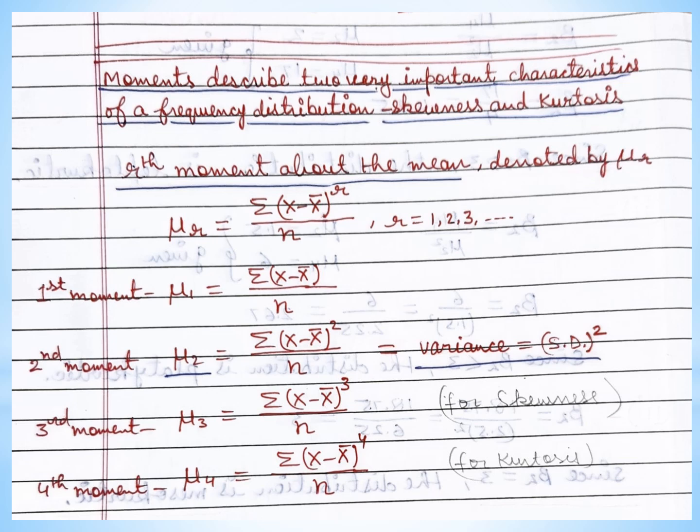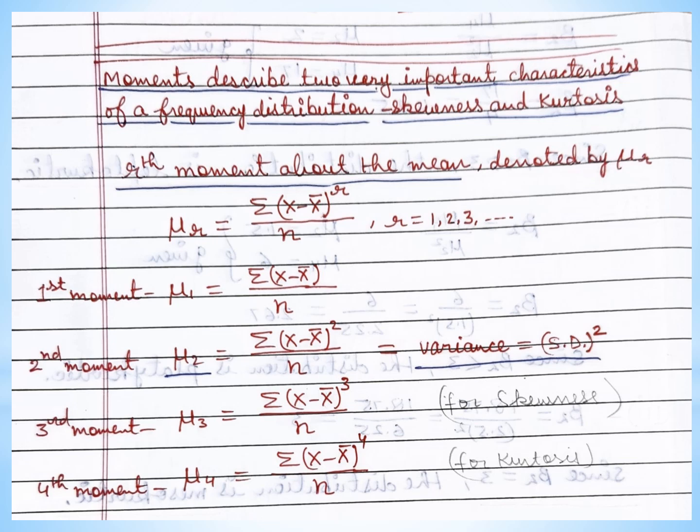Moments describe two very important characteristics of a frequency distribution, that are skewness and kurtosis. So the formula for calculating the moments is mu1 is equal to summation x minus x bar upon small n. In any frequency distribution, there could be four moments: first, second, third, and fourth moment.